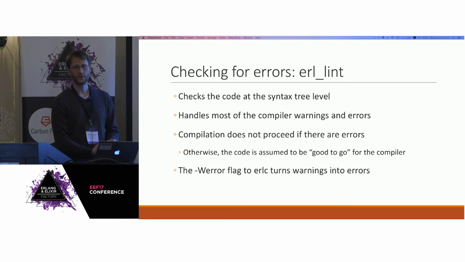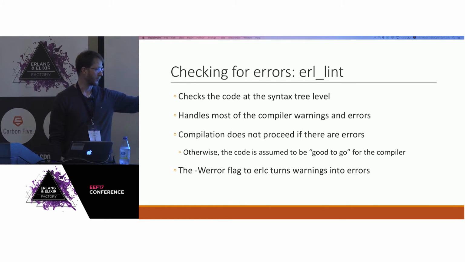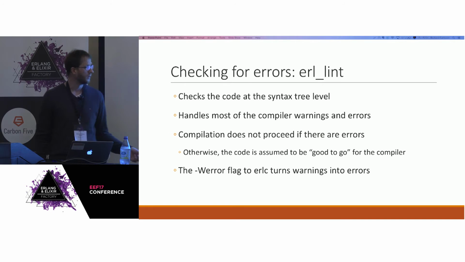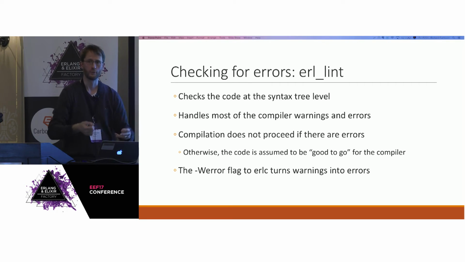And if it returns any errors, then the compiler will stop. If it doesn't, then as far as the rest of the compiler is concerned, the code is good to go. If you want, you can add a -w error to the erlc command line to turn all warnings into errors if you want a completely warning-free build.